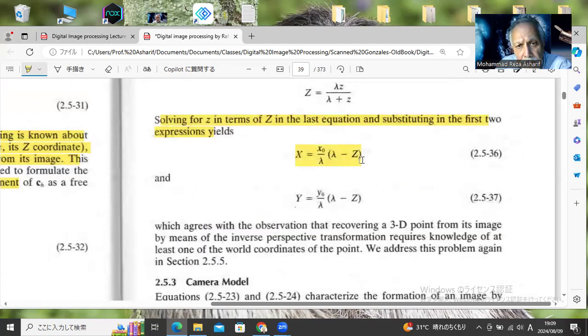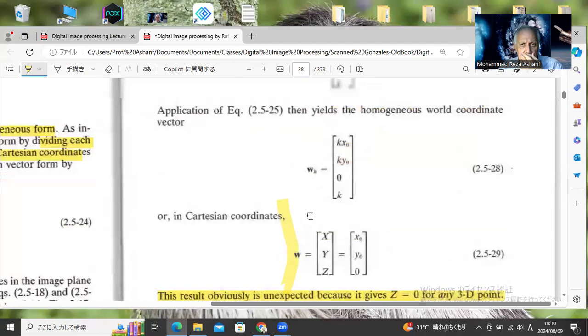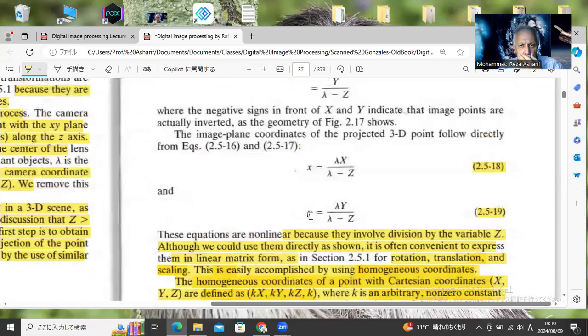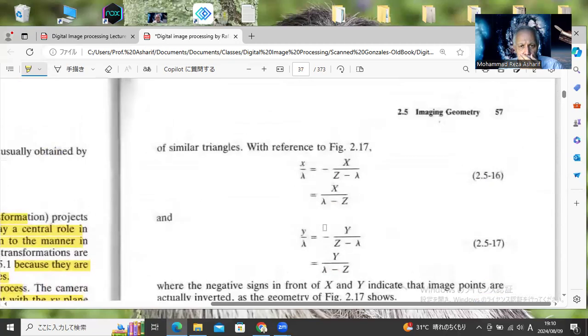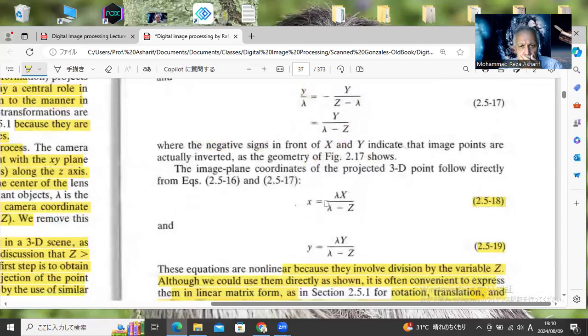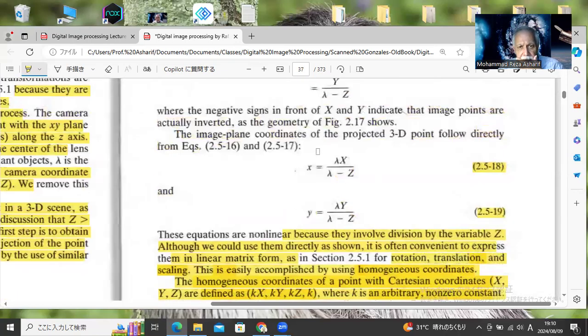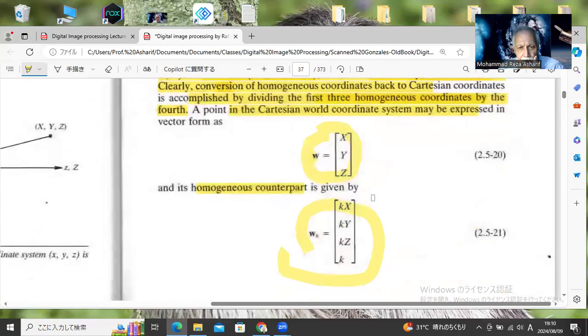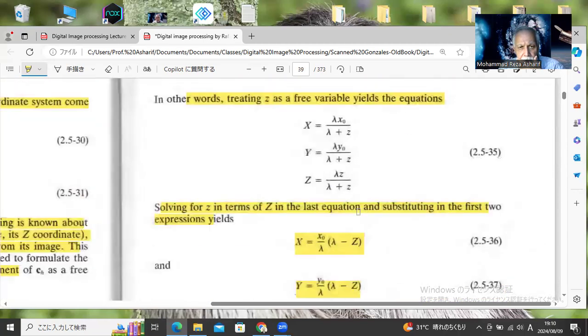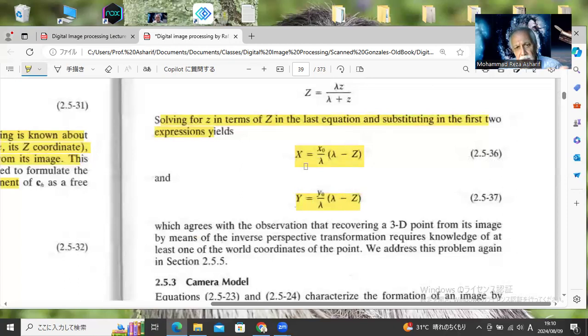These two equations are very important because of what I told you about the perspective transformation here. These two equations are exactly the same as these two, but just here we find the large X from the small x.